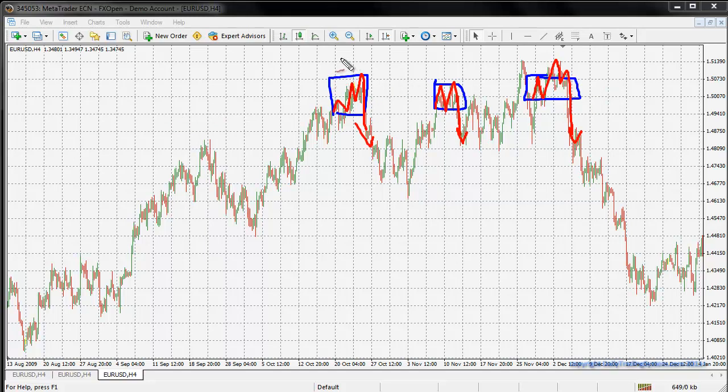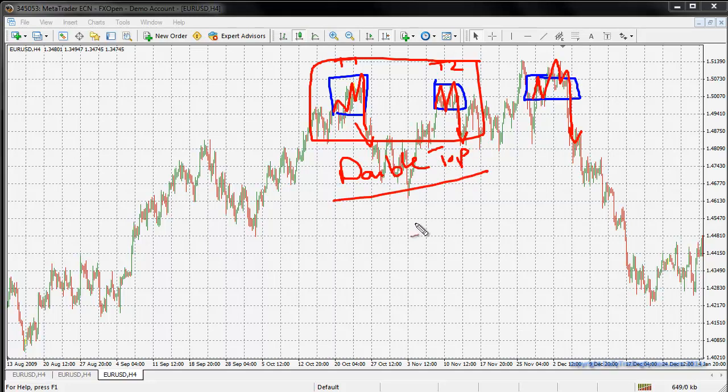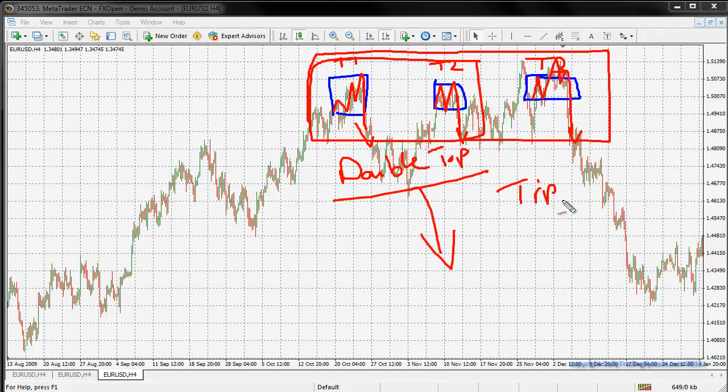We've got top number 1, top number 2, and that section there is referred to as a double top. Where there's a double top, the market is going to reverse and come back down. When you see a triple top, get your wallet out and put a big bet on it. Because there's your triple top, and a triple top is a lot more profitable.